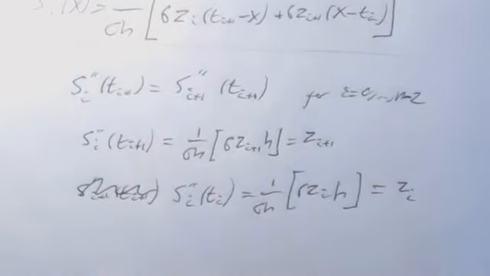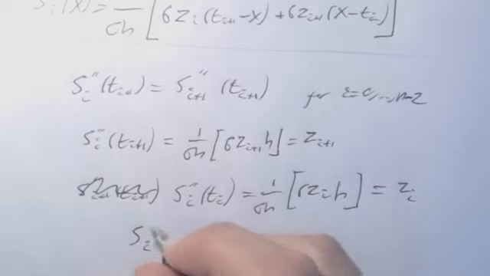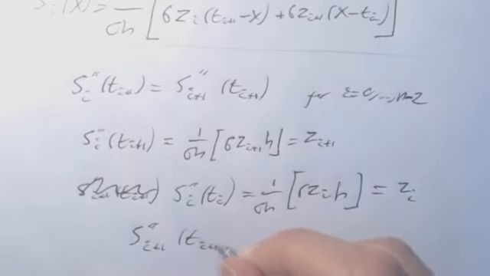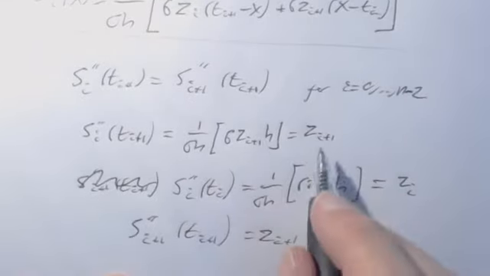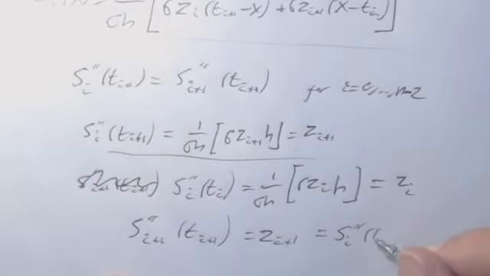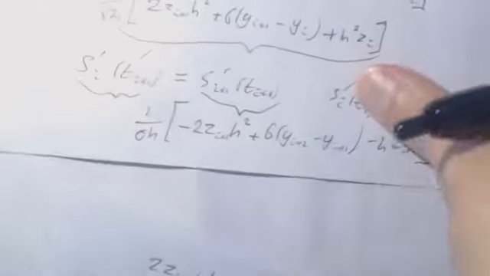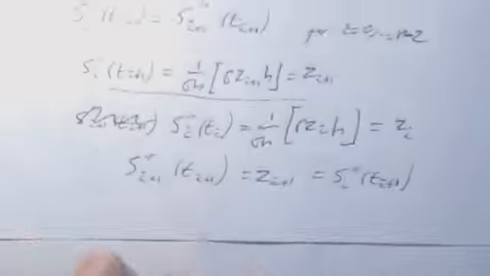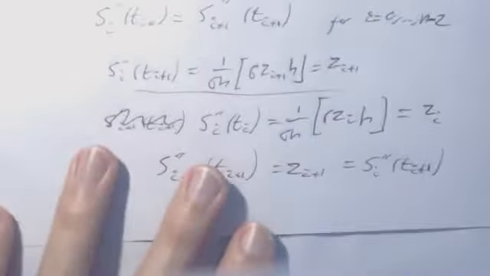So therefore, s_i+1 double prime t_i+1 equals z_i+1, which is equal to this, which is equal to s_i double prime t_i+1.